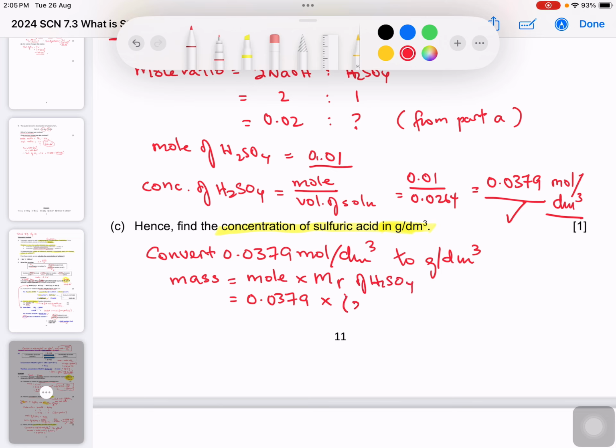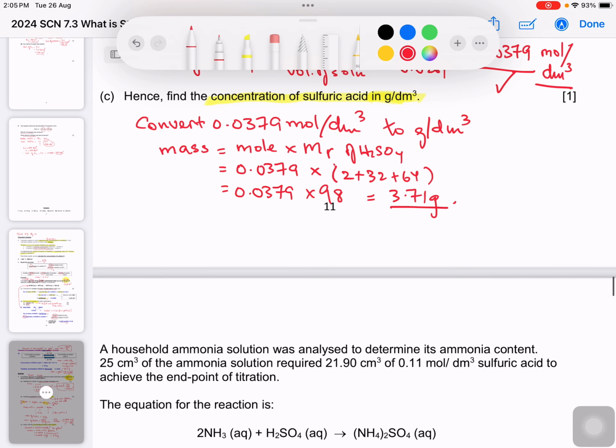It'll be 2 plus 32 plus 64, which is 98. 0.0379 times 98 gives us 3.71 grams. But that's only grams, now we have to write it out as a concentration. Concentration will be 3.71 gram per dm cube. And that's all.